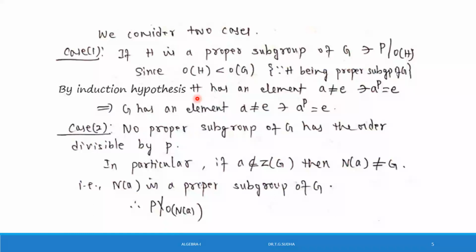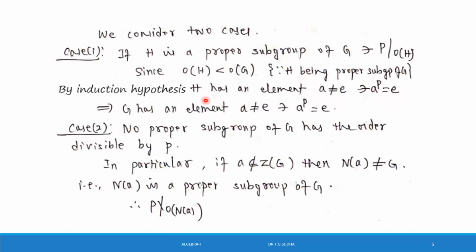In the induction hypothesis, we have assumed that all groups whose order is less than the order of G will satisfy the result. So H has an element A, which is not the identity element, such that A to the power of P is equal to E.